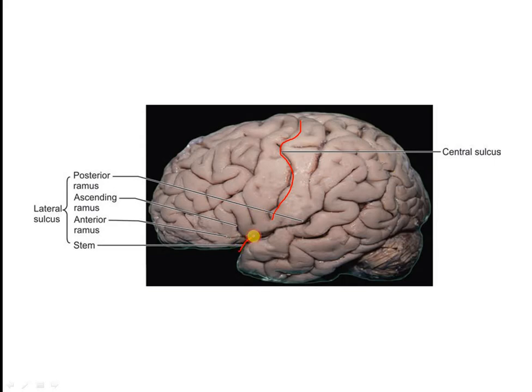And this is the lateral sulcus, and the lateral sulcus is again divided into these portions: the posterior ramus, ascending ramus, anterior ramus, and one part is called the stem.